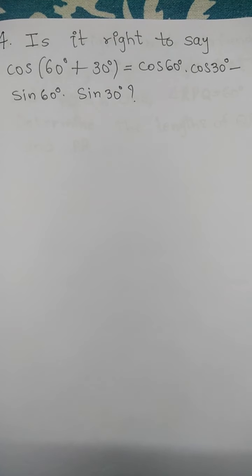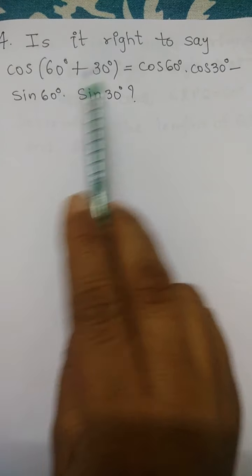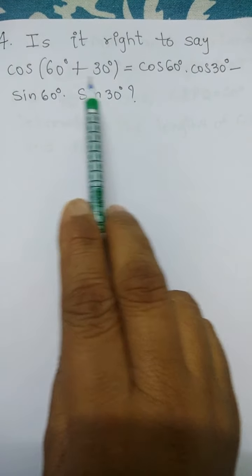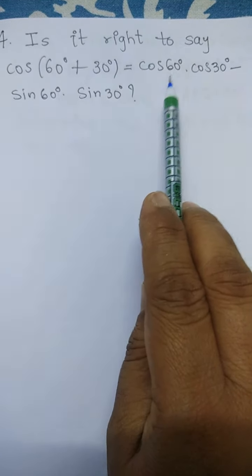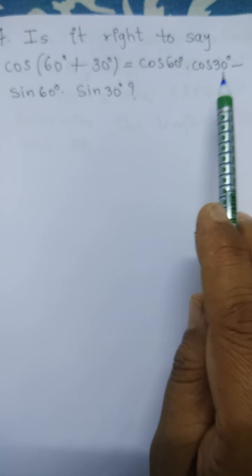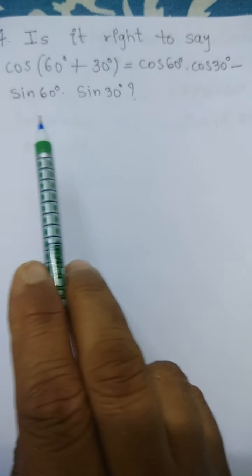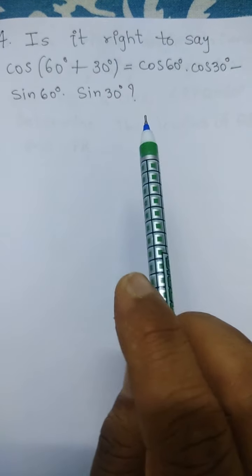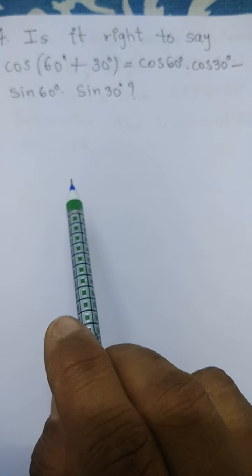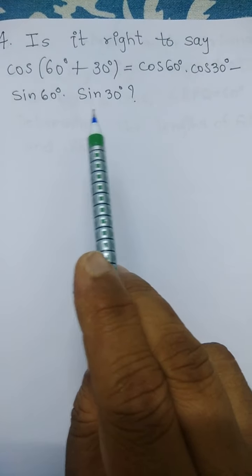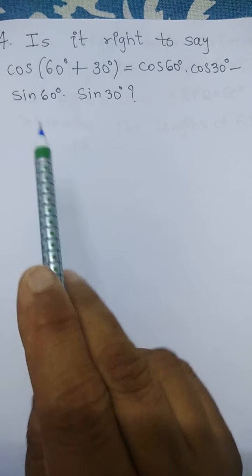It is also a similar problem, similar to the previous one. Is it right to say that cos 60 degree plus 30 degree equals cos 60 degree into cos 30 degree minus sin 60 degree into sin 30 degree? Is it right to say like this? What we have to do? Again, same thing we have to do.